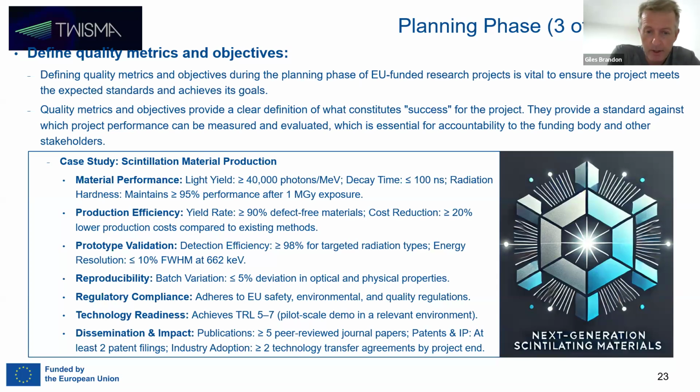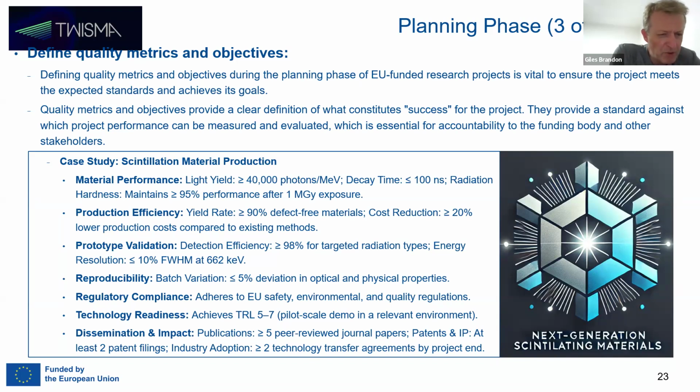Detection efficiency better than 98%, energy resolution below 10%. On the area of reproducibility, batch variation, we'd perhaps be saying we want to get less than 5% deviation in optical and physical properties. Regulatory compliance, we aim to adhere to EU safety, environmental and quality regulations.